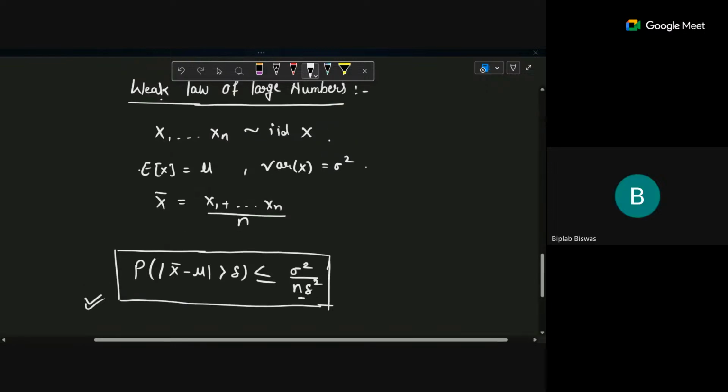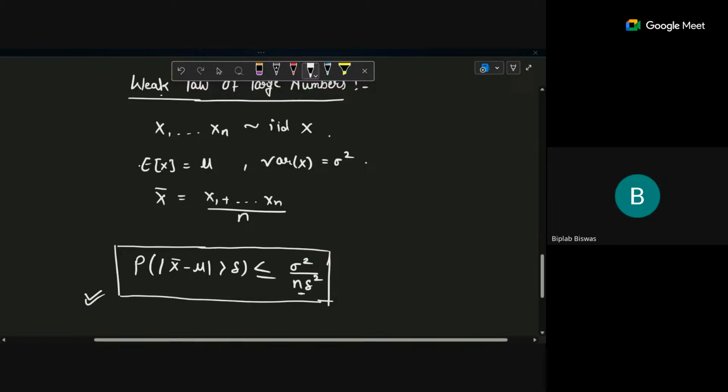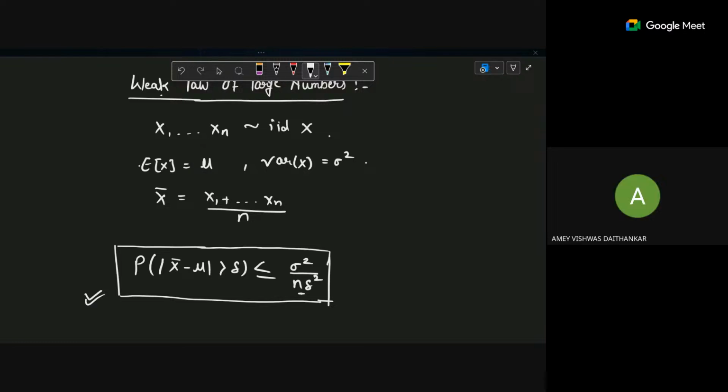It is the number of times the trial is performed, or in another term, the sample size, the number of random variables.